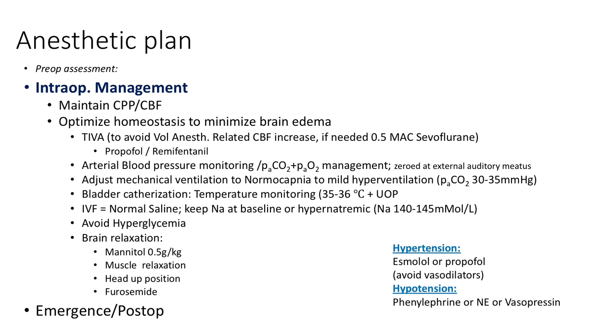If a surgeon asks for brain relaxation, mannitol, muscle relaxation, head-up position, and then furosemide are utilized. If a patient gets hypertensive, consider bolus propofol to deepen the anesthetic, or esmolol, since it does not cause vasodilation and therefore does not increase your ICP.